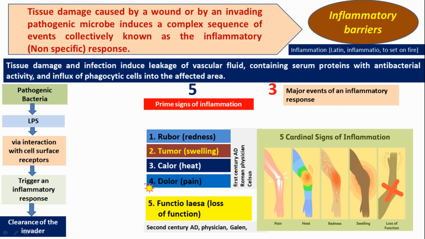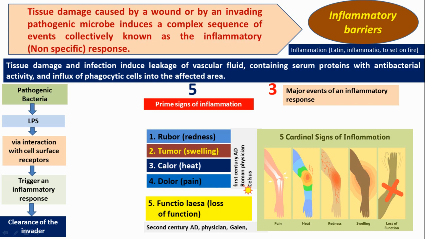Then calor means heat. Whenever there is a tissue injury, in that injured area you will feel warmness. Then dolor means that whenever there is inflammation, you will feel pain in that area.